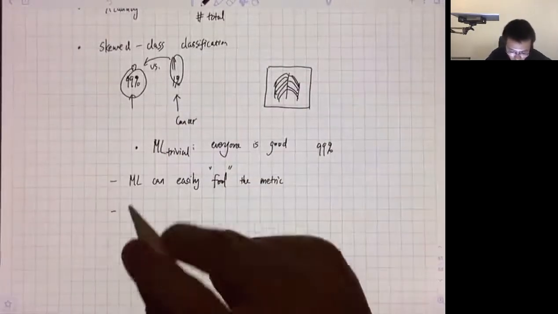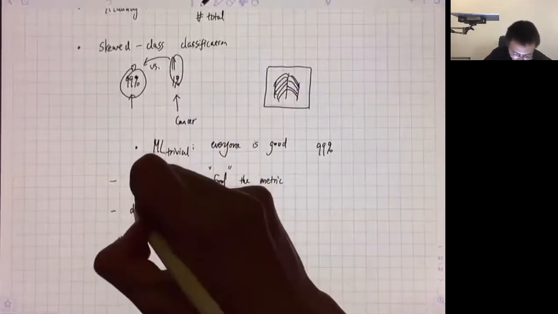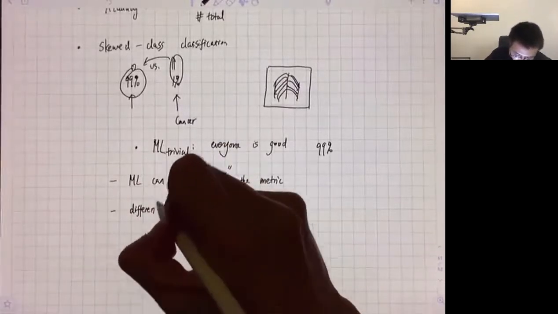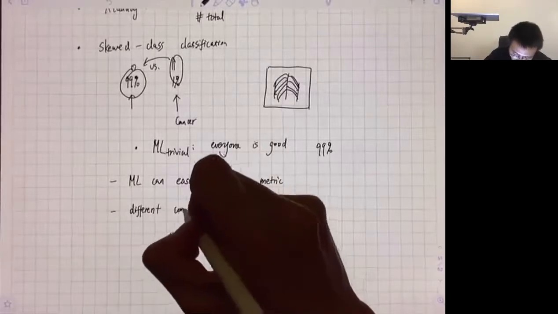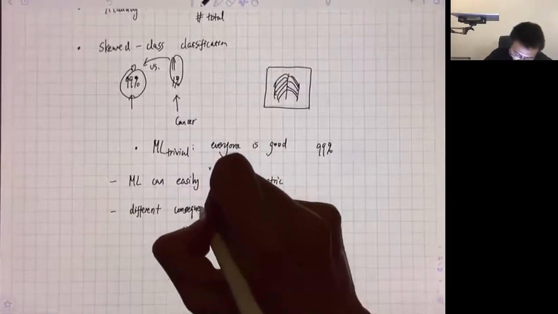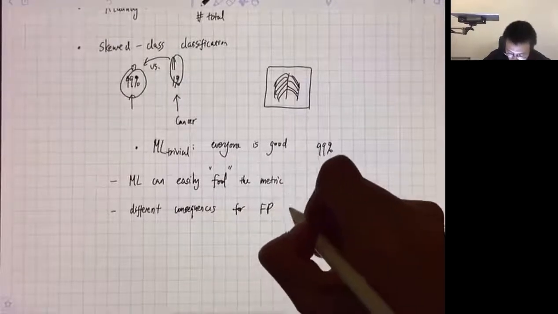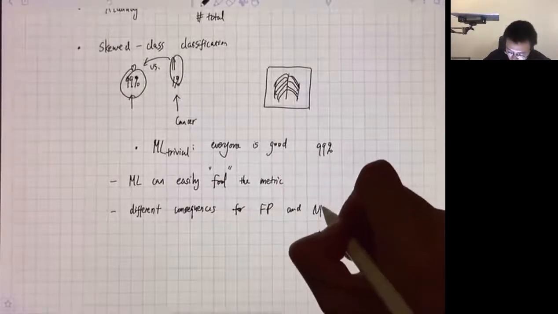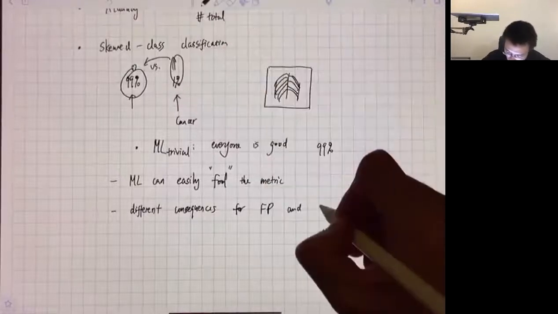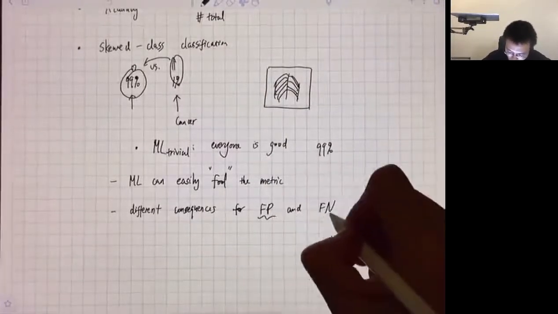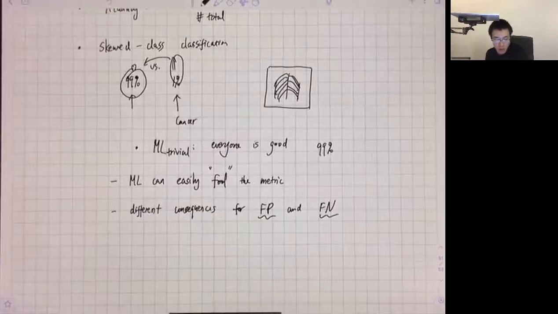And also because you have different consequences for false positive and false negative. So the meaning for false positive means I predict the person has cancer, and in fact, the patient does not have cancer.